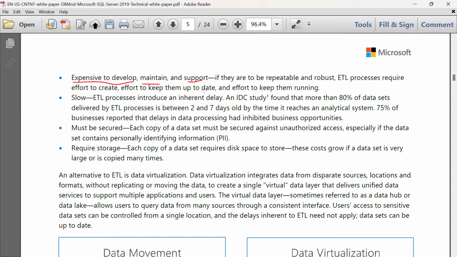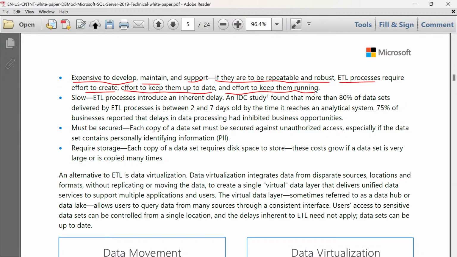If the ETL processes are to be repeatable and robust, the extract, transform and load processes require efforts to create, efforts to keep them up to date, and efforts to keep them running.